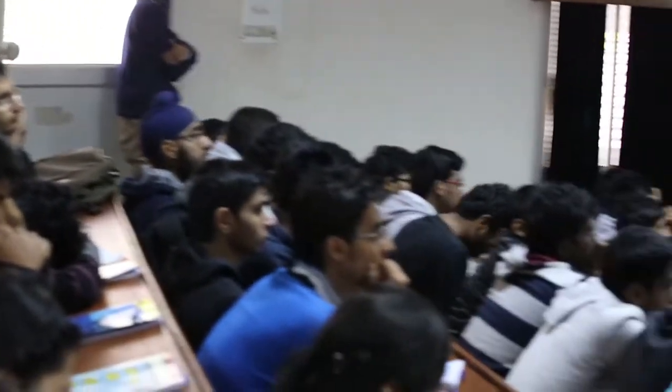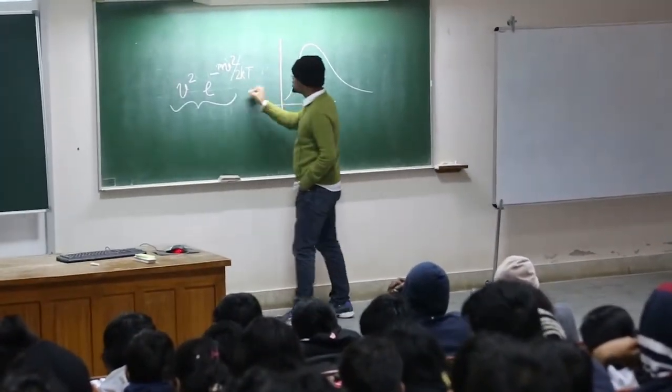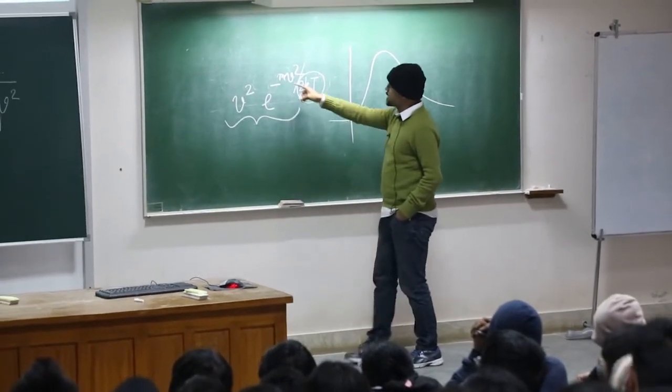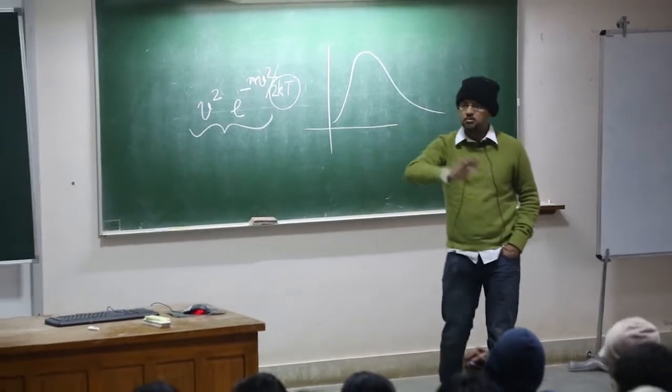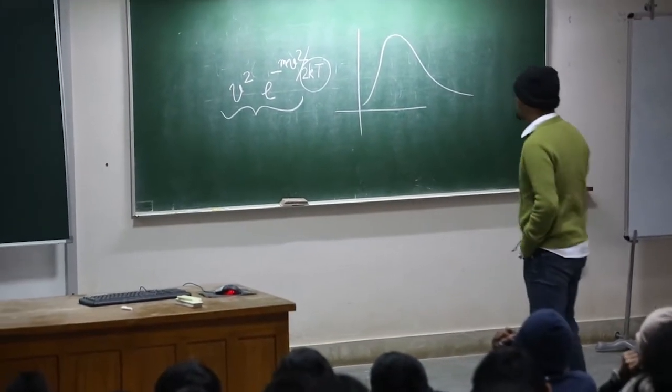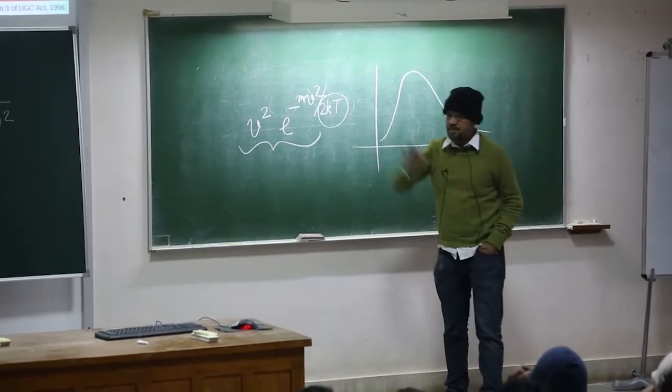Now what is important is the fact, and this is what we saw in our problem too, that there's an energy, in this case mv square by 2, and there is this kT factor. So this exponential has mv square by kT, and there's an m of course, which essentially tells you that this temperature, and if you fix the mass of each molecule, if you just say that the mass of the molecules is the same for all the molecules and they don't change, it is solely the temperature and nothing else that completely fixes this function.